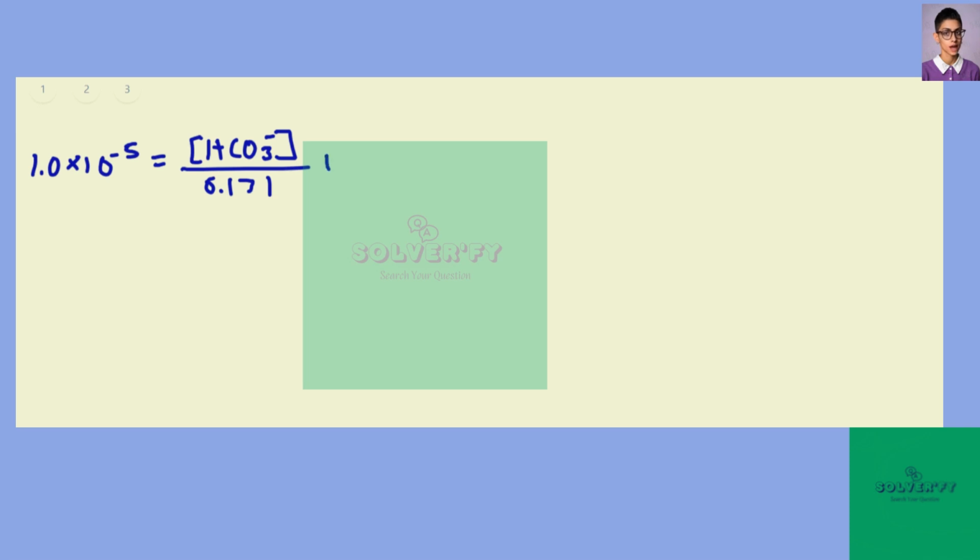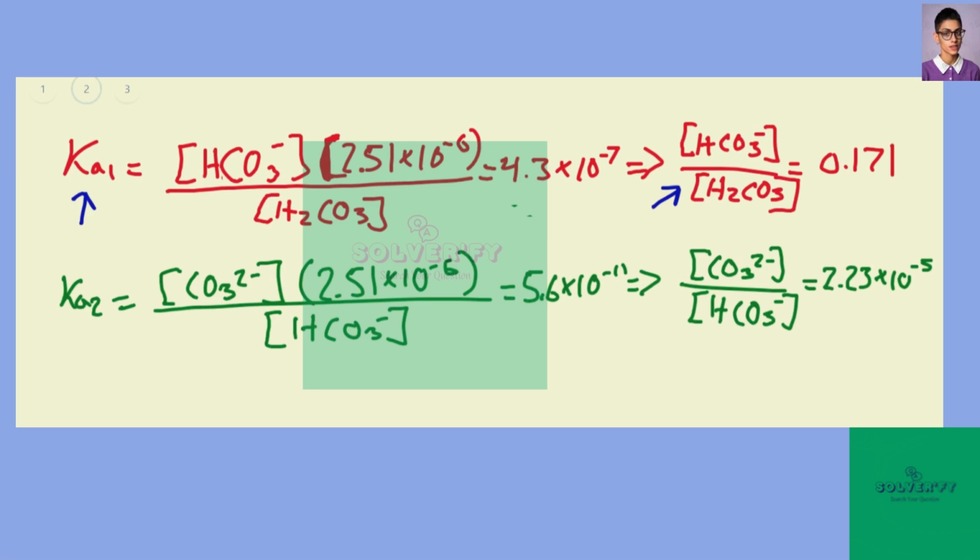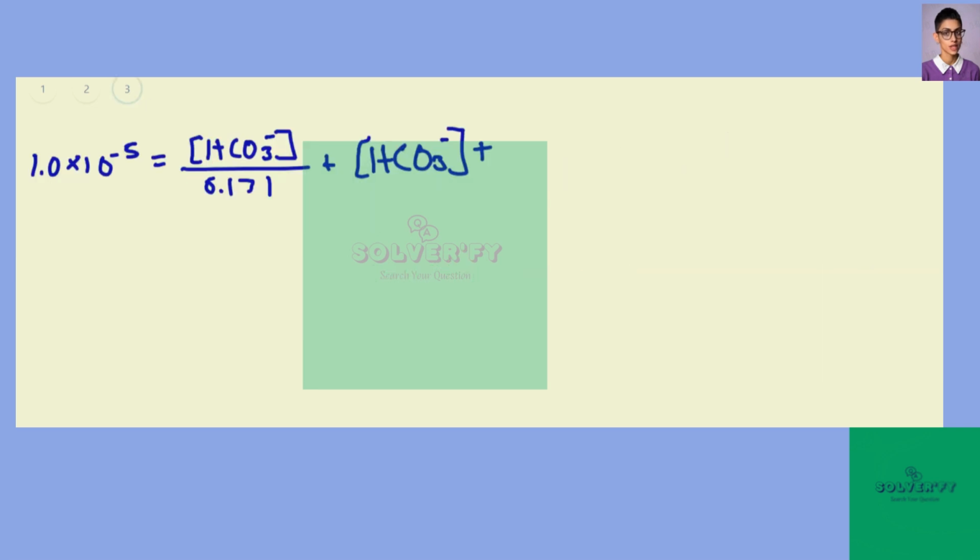So we substitute that in here. We have HCO3 from the initial expression, and then we need to substitute for the carbonic acid. We solve this equation here for the carbonate ion, and we get HCO3 times 2.23 times 10 to the minus 5.